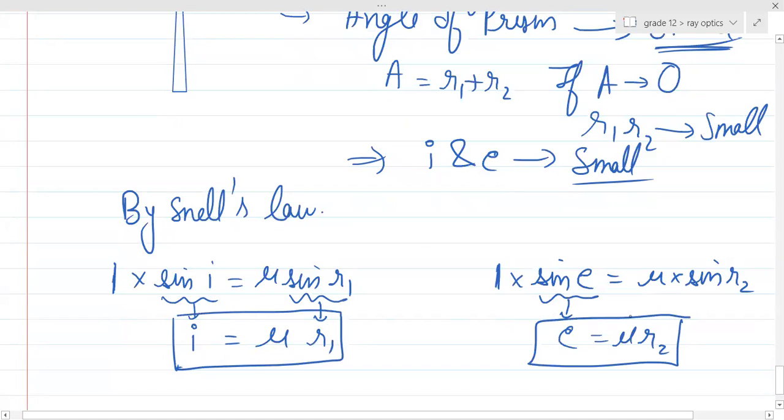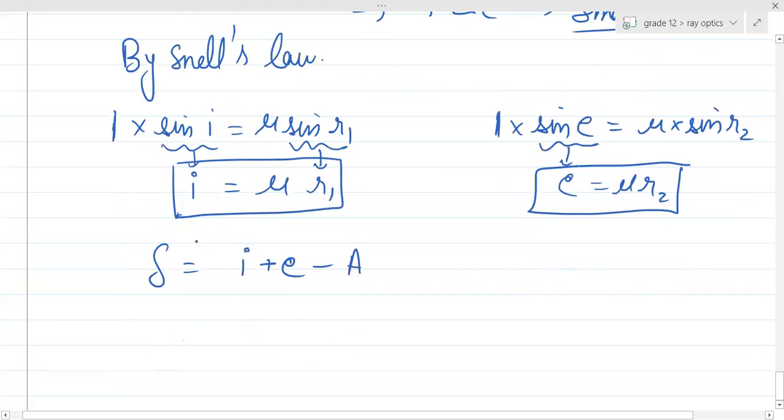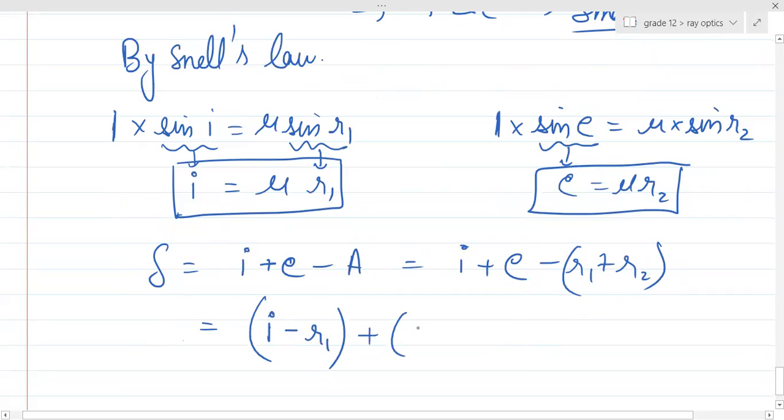Yes, sir. So similarly, what will be the value of delta? Delta is basically I plus E minus A, right? Can I write it as I plus E minus R1 minus R2, like this? And similarly, can I write it as I minus R1 plus E minus R2, just like from where we derived the delta thing?